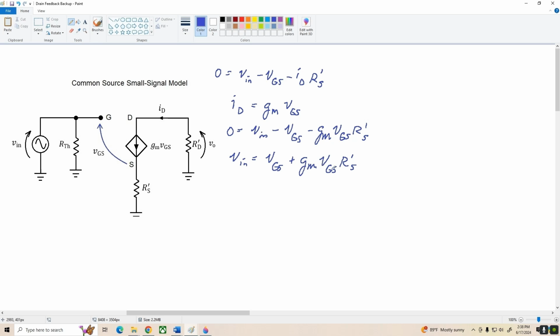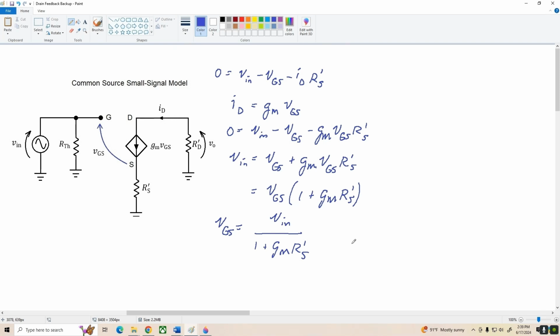Now I'm going to factor VGS out of both of these terms, and that gives me VGS times (1 plus gm times R'S). Now I'll just divide both sides by the factor in parentheses, which gives me VGS equals Vin divided by (1 plus gm times R'S).